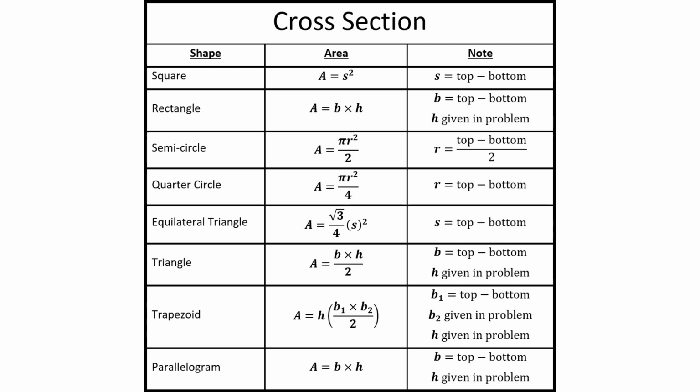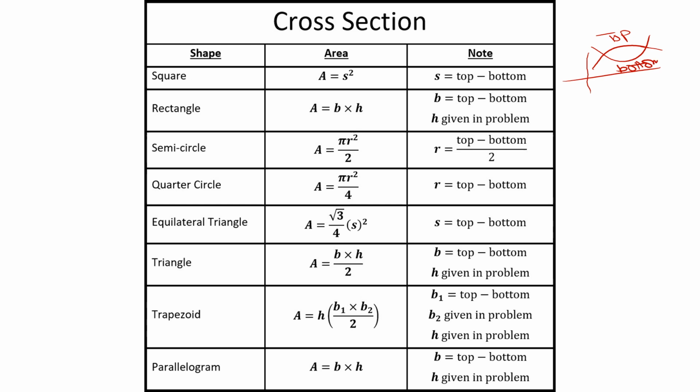when the cross section is a square, then you have to use the formula A equals S square. Now, what is S? S are the sides. But when it is enclosed by the two functions, f of x and g of x, then you will look closely at the shaded region, and you will make it as top minus bottom.